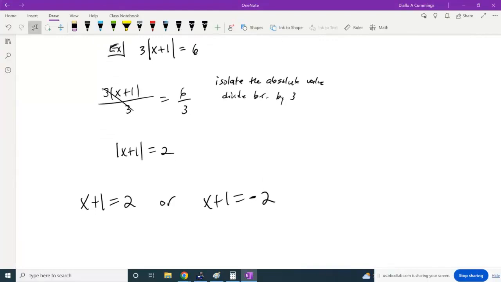So notice I isolated the absolute value, and then I set it equal to a positive, and then I set it equal to a negative.